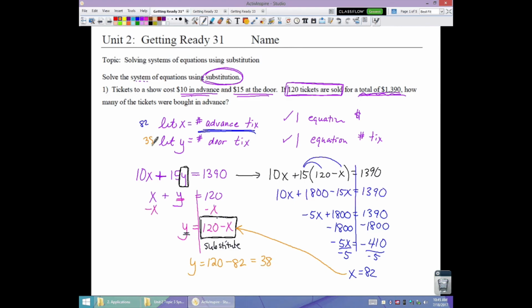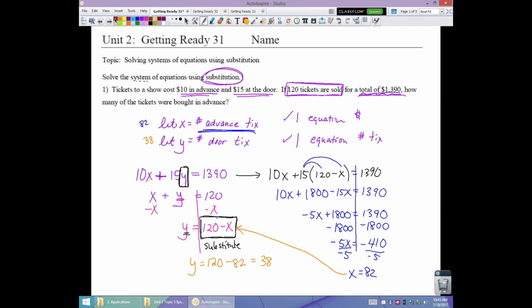So that means I have 38 door tickets. In order for this to be the correct answer, those two numbers, that x and y value, have to work in both equations. So you could plug those into both equations, substitute them in, and see if they give you the right values. You would always know when you turn this in whether or not you're correct.